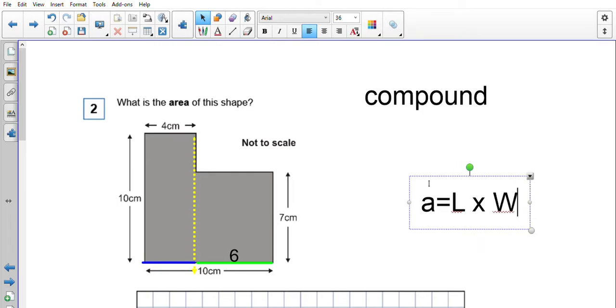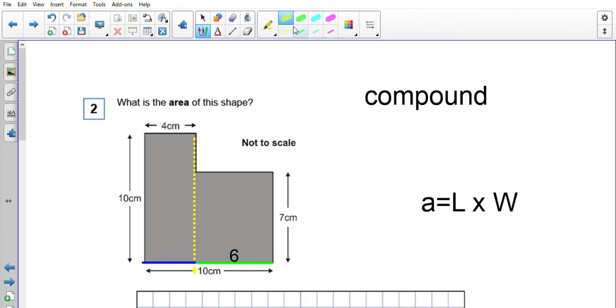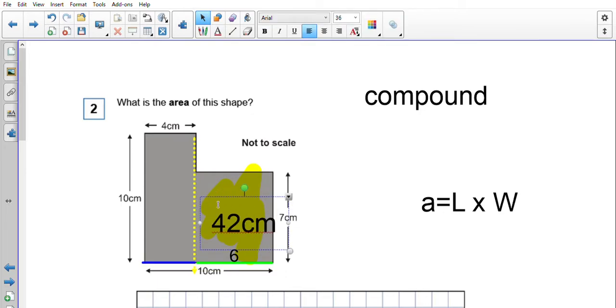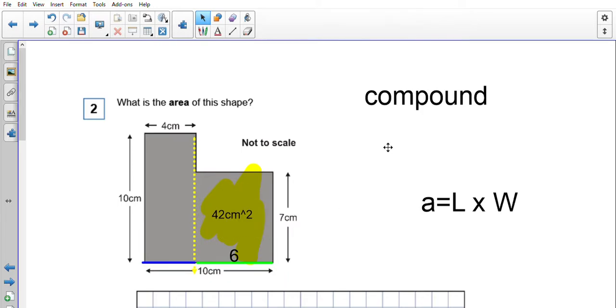And so then I just need to do 6 times 7, which is going to give me an area of 42 centimeters squared for this side. I can just pop that in like that. Remember that little arrow for the 2 means it's a superscript 2, so it sits above for the squared.